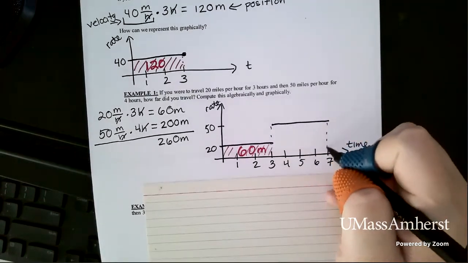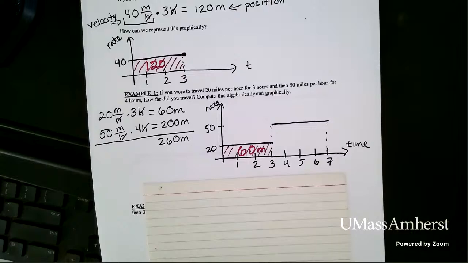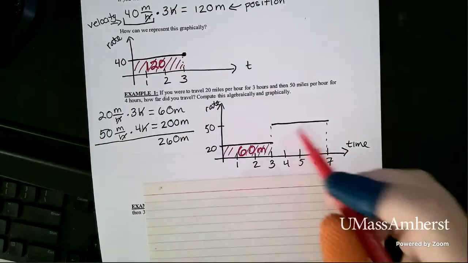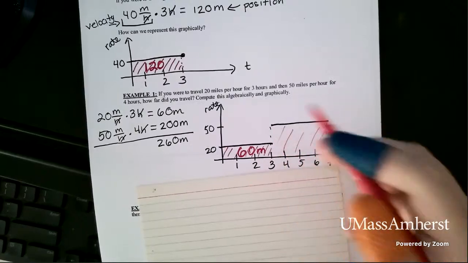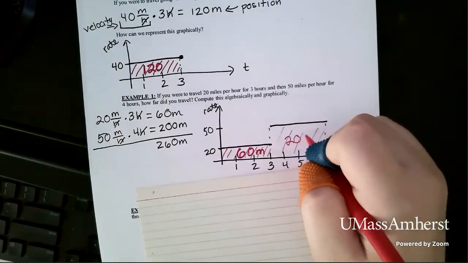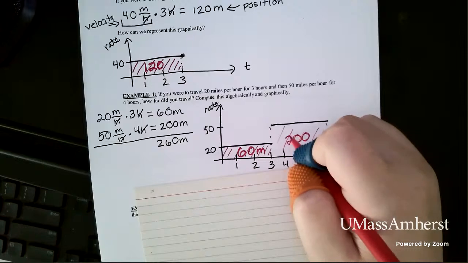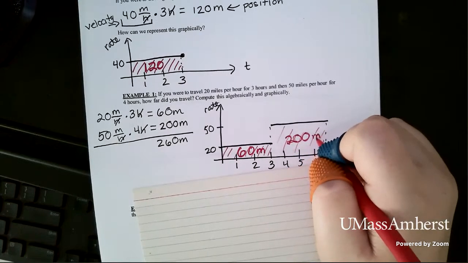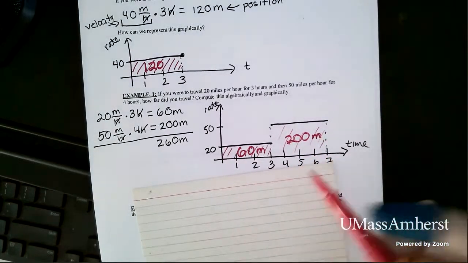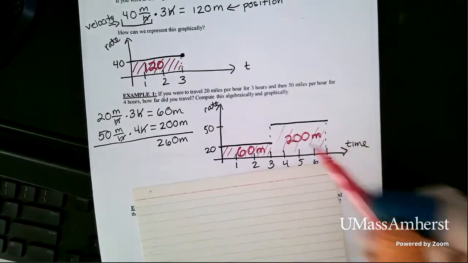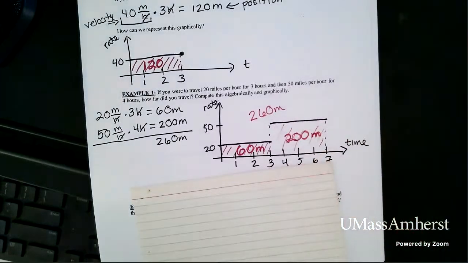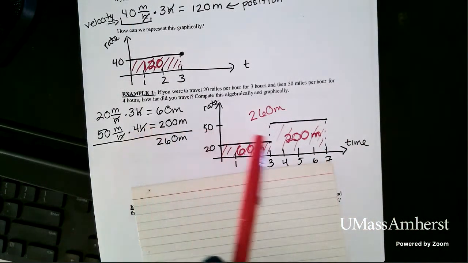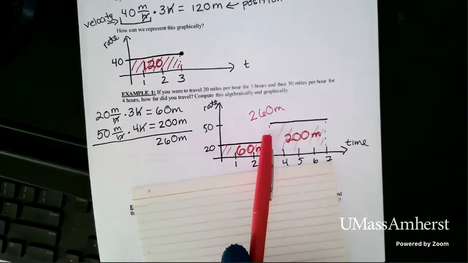And so again, we get this rectangle. So we can compute the area under the curve here, where we're going to do 50 times 4, which gives us this 200. Okay, so what we would do is we would add up all of our areas, and we would get a total of 260 miles. So again, we have 2 different ways to represent the same scenario.